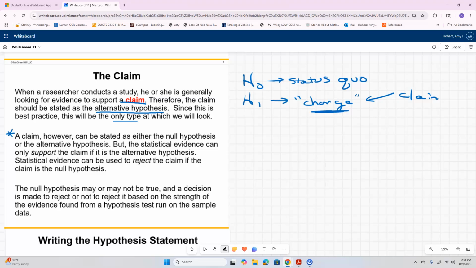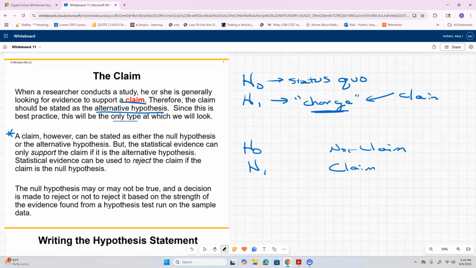When you are doing your homework, it will ask you every time which of these is the claim. All of our problems should be that the null hypothesis is not the claim and the alternative hypothesis is the claim. In my opinion, why would I show you problems that are not done in the form of the best practice?